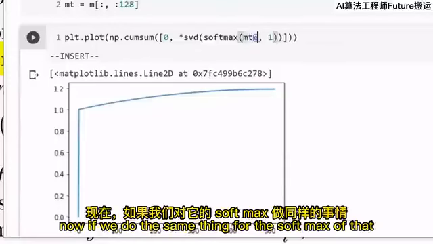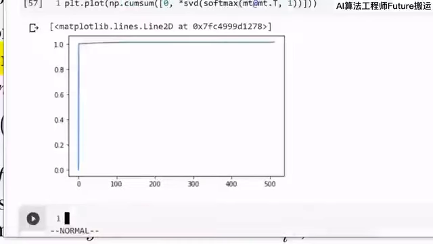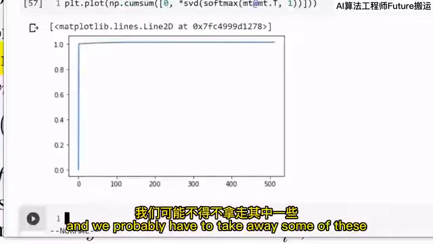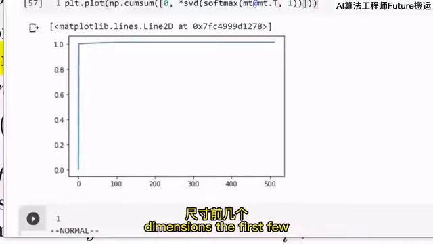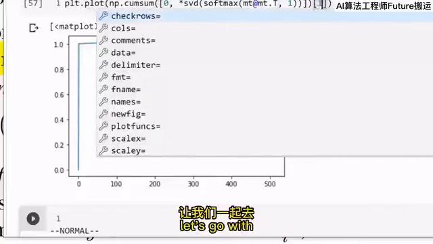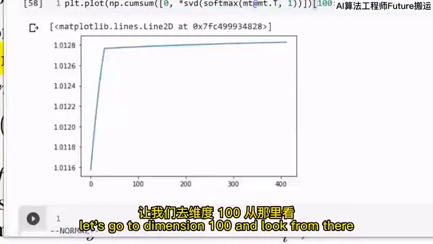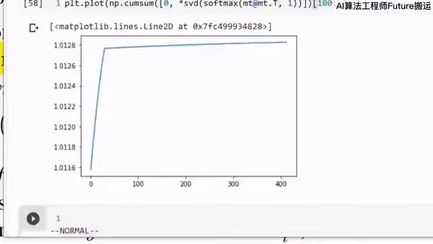Now, if we do the same thing for the softmax of that, we probably have to take away some of these dimensions, the first few. Let's go to dimension 100 and look from there. Okay, same thing. Okay, that's pretty good. I did not expect that.